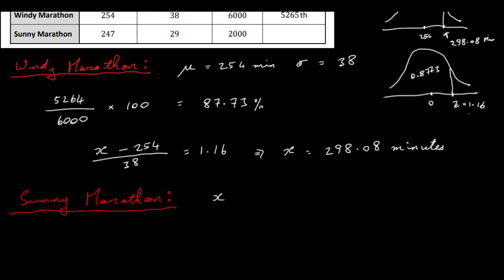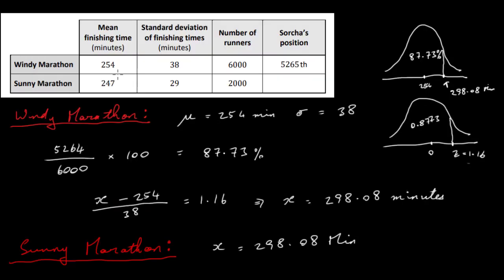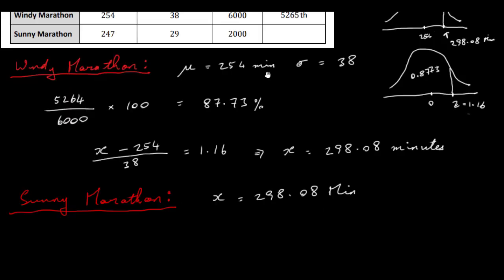So the X value is equal to 298.08 minutes. This time there were 2,000 runners. The mean time was 247, with a standard deviation of 29. So this time the mean is equal to 247 minutes, and the standard deviation is 29 minutes. We have everything we need then to work out her place.